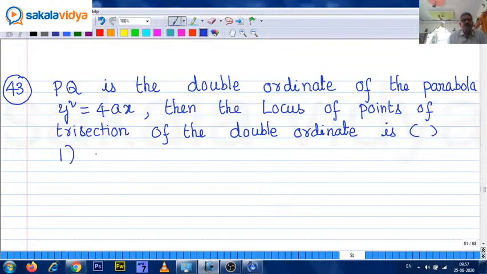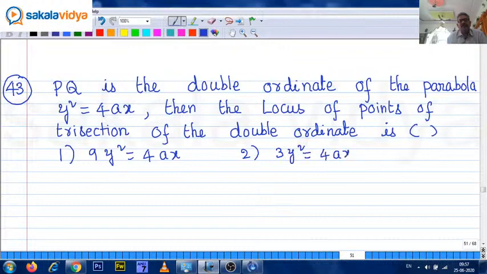First option is 9y square equals 4ax. Second option is 3y square equals 4ax. Third option is 4y square equals 9ax. Fourth one, 4y square equals 3ax.